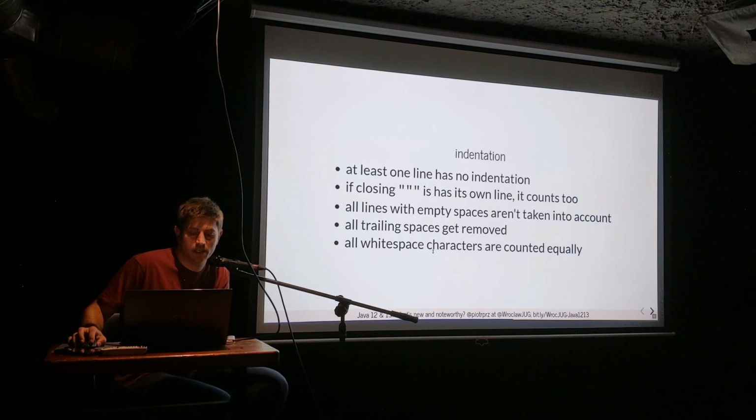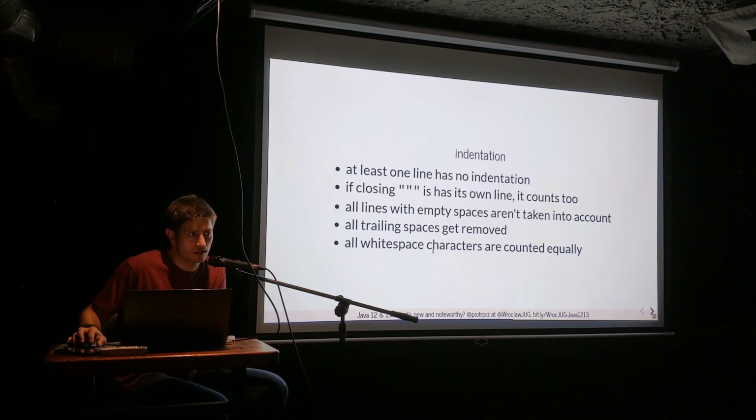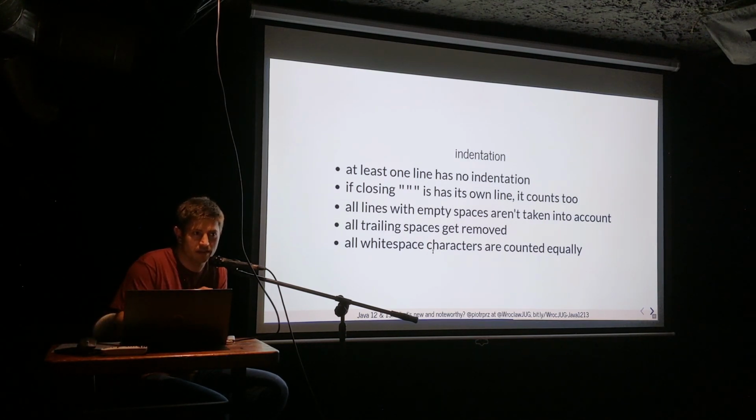And all white space characters are counted equally. It's because we can mix, for example, spaces and tabs, and they didn't know if your tab is 2 spaces, 4 spaces, 3 spaces, 8 spaces, or whatever. That's why they said each character counts as one character.